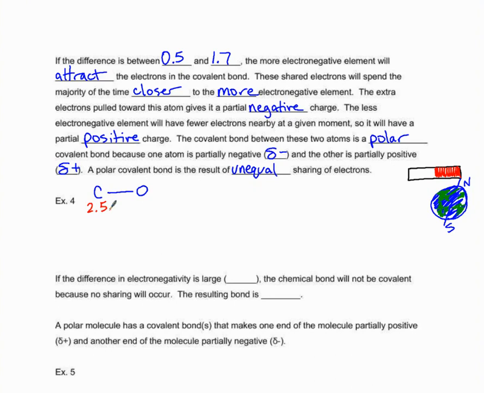And if you look back at the previous page, you'll find for oxygen that this is 3.5. We want to look at the difference between these two numbers, and in this case, the difference is 1.0. It's between 0.5 and 1.7, which makes this particular covalent bond polar.